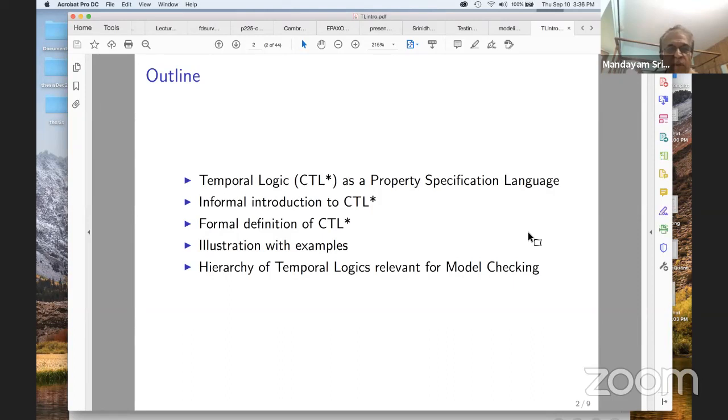We'll go through an informal introduction to CTL star, then do a formal definition of CTL star, and illustrate with some examples. Time permitting, I'll show you a hierarchy of temporal logics that are relevant for model checking, or at least those for which efficient model checking algorithms have been developed.